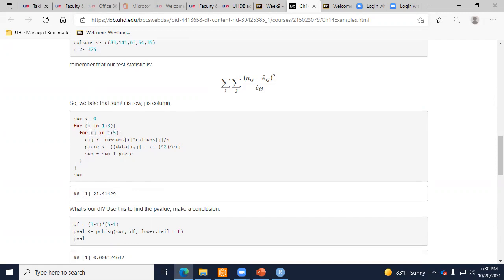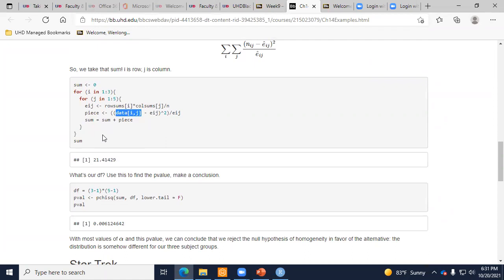For each I and J, I calculate the E_ij, which is N_i times N_j divided by N. Then data ij gives you the N_ij, and you subtract, take the square, and divide by E_ij. I calculate each individual piece and sum them up one by one. This is what the double loop is doing.